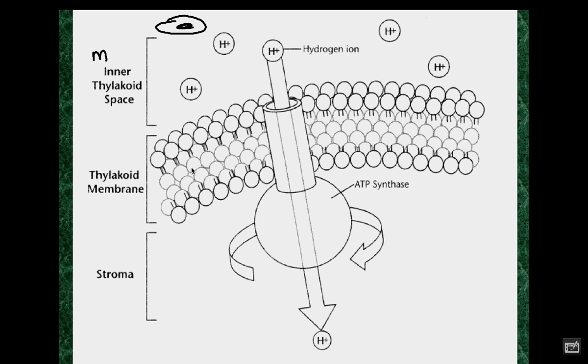This is also where the matrix is in our mitochondria. And so then we have the thylakoid membrane, or this would be the inner membrane of the mitochondria. And then the stroma would be the intermembrane space in the mitochondria. Because remember, this takes place in both processes.